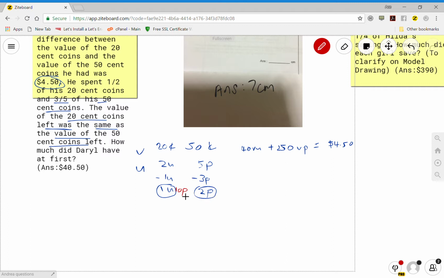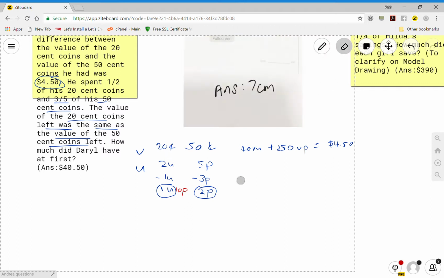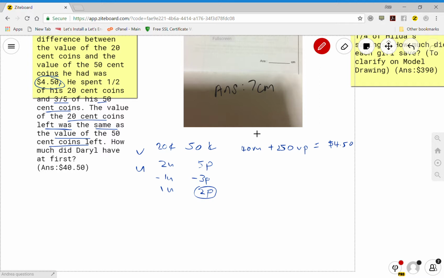Because it's 5 times and the value is the same, the only way is that the 20 cent is 5 times. I take 50 times 2, that's like $1. Wait, 20 must times 5. Wrong, my deduction is wrong. Cancel. Sorry, it's 5 parts, because the value is the same.